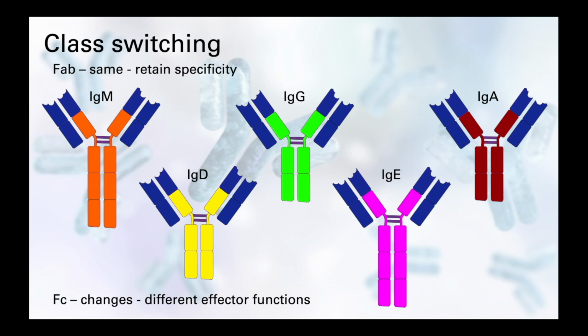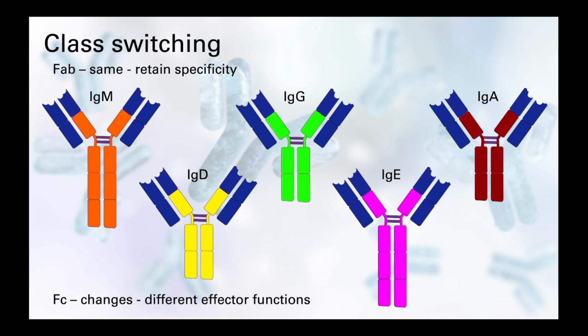Importantly, this process of class switching only occurs after the naive B cells have encountered their antigen for the first time, and is heavily influenced by the cytokines that are released by the CD4 positive T helper cells, as specific classes of antibodies must match the response to the eliciting agent, and different classes will bring in different immune functions.